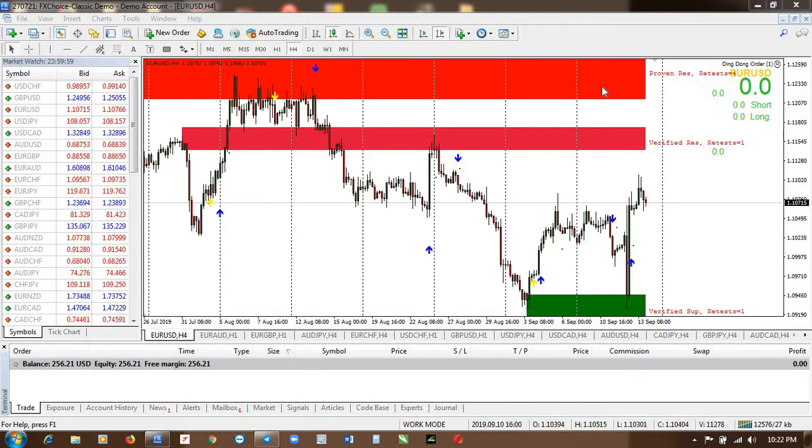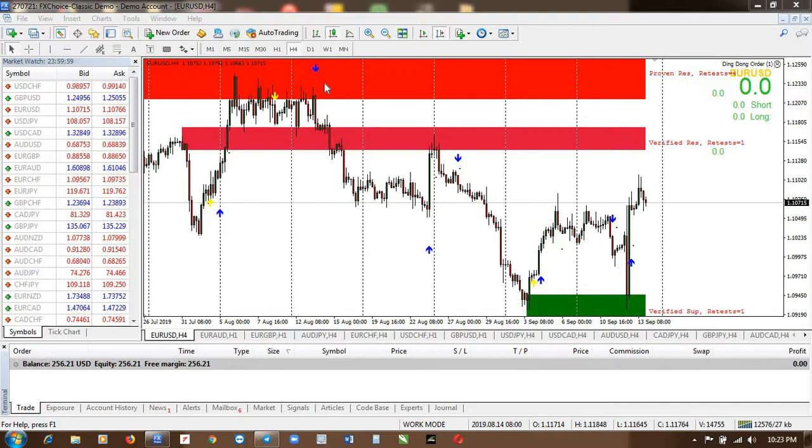Like this red triangle at the top right, this triangle here is a resistance. You getting it? So we take our trade from a resistance or from a support.